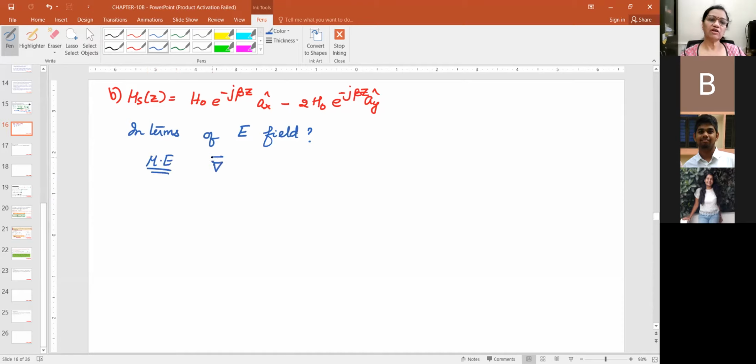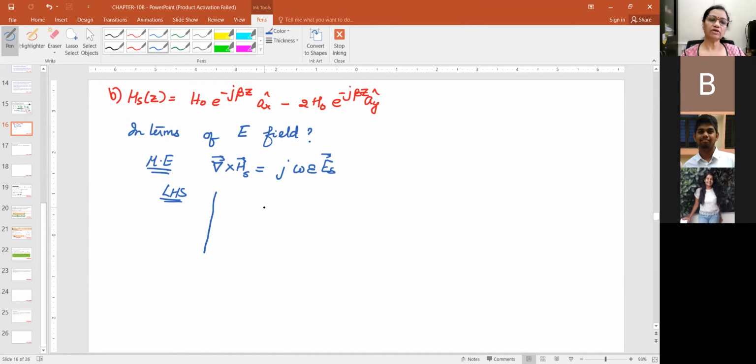You certainly know that you have to write del cross H is going to be equal to, here we are going to write it in terms of phasor. Therefore, del cross H is equal to j omega epsilon Es. Okay. So now let's just put it here. Let us find the LHS.